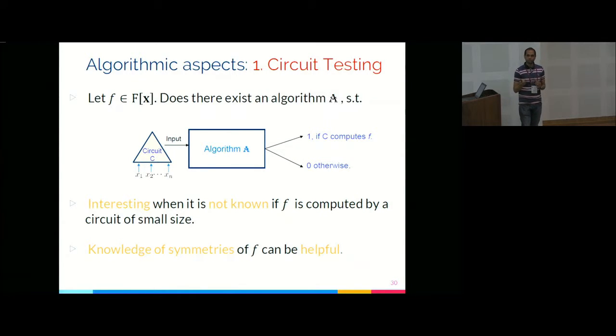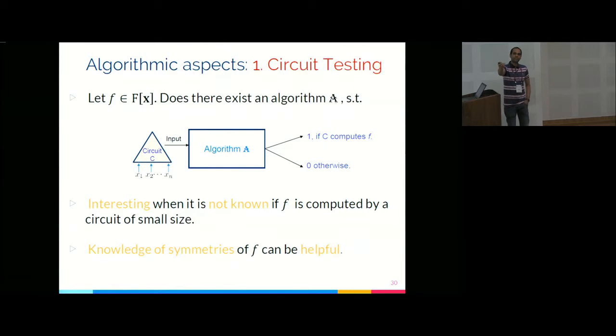Okay, and also one more thing, that actually the knowledge of symmetries is internally exploited by such kinds of algorithms. Here is one of the reasons why. Now you have this circuit which is fed into the input of this algorithm. Now I know that symmetries keep the polynomial intact.